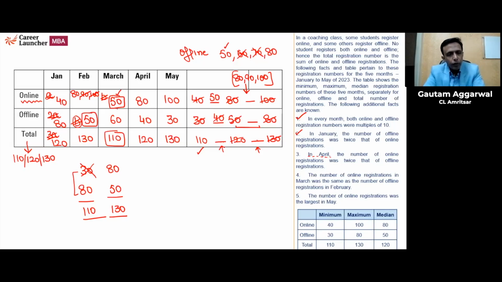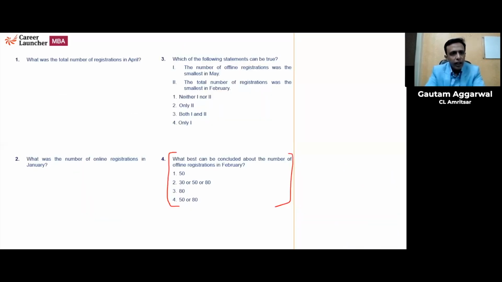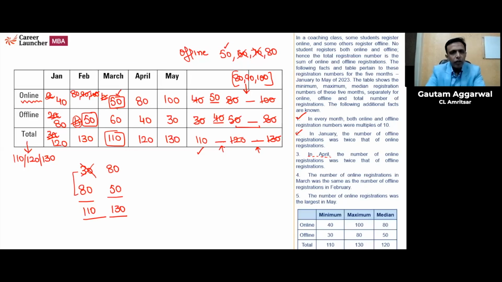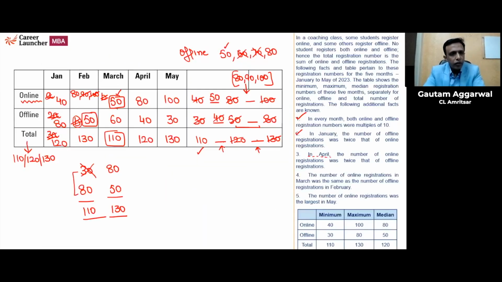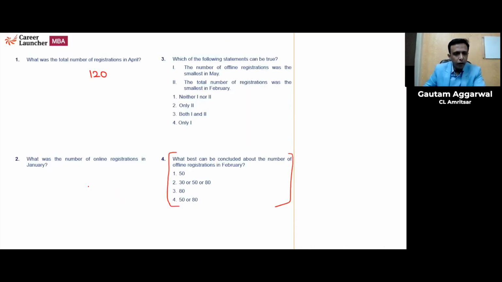Fine. So this would be the case. Perfect. Now we can answer the question that would follow. What was the total number of registrations in April? So total number of registrations in April has to be 120. Total number of online registrations in January, has to be 40.